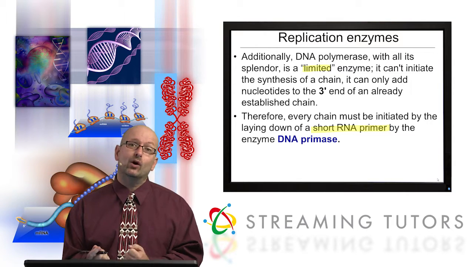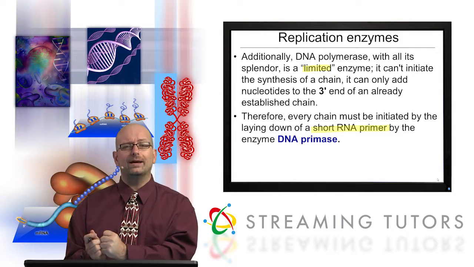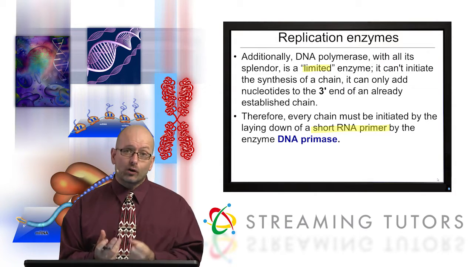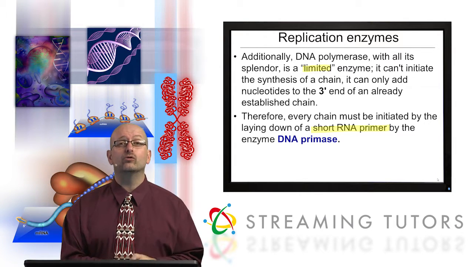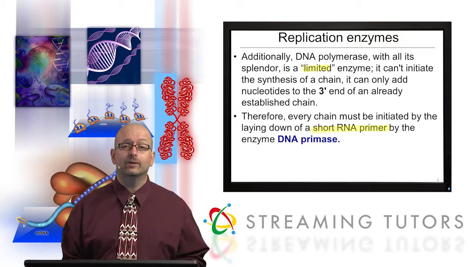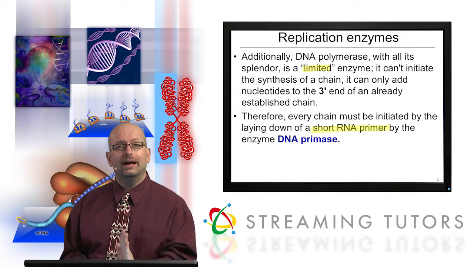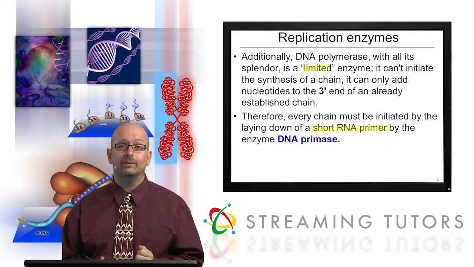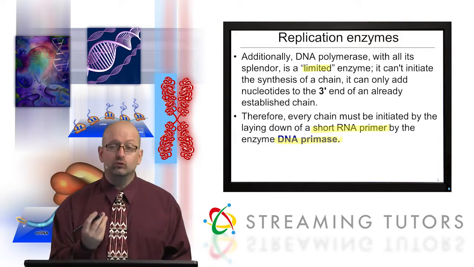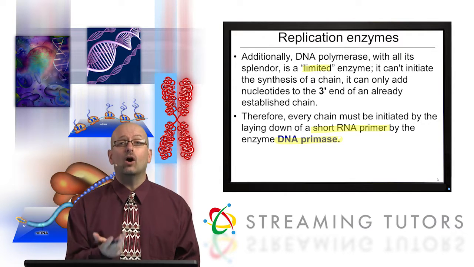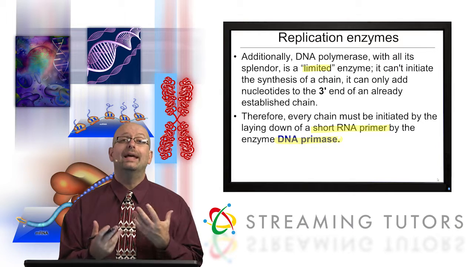We haven't even talked about RNA that much, but here's the quick bottom line, just to take a little side trip. The enzyme RNA polymerase, which makes RNA from a DNA template during transcription, which we'll discuss later, does know how to start. It can just go right down there and start a chain and start polymerizing. The enzyme DNA primase, which is responsible for laying down an RNA primer during DNA replication, is a cousin.